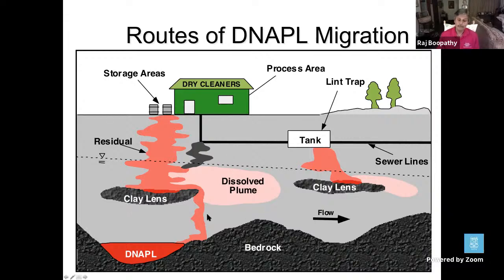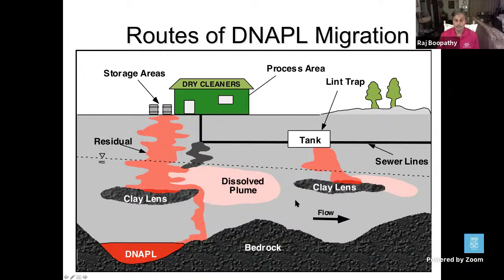And if you have this kind of problem, like a clay lens along with groundwater, this TCE collects in the clay lens, and then it's going to drop to the bottom of the water table and form an immiscible layer. And then it slowly leaks into the groundwater. It becomes a very permanent source of pollution forever.